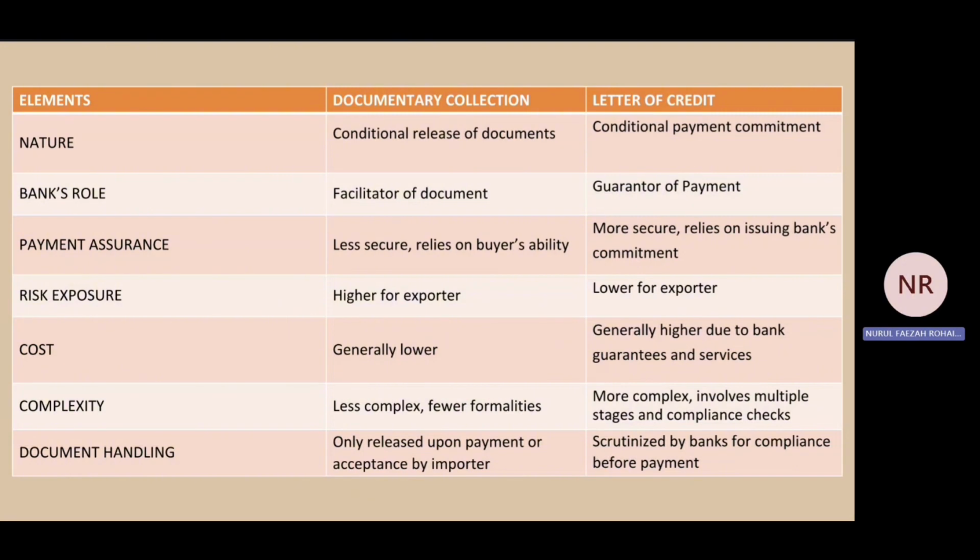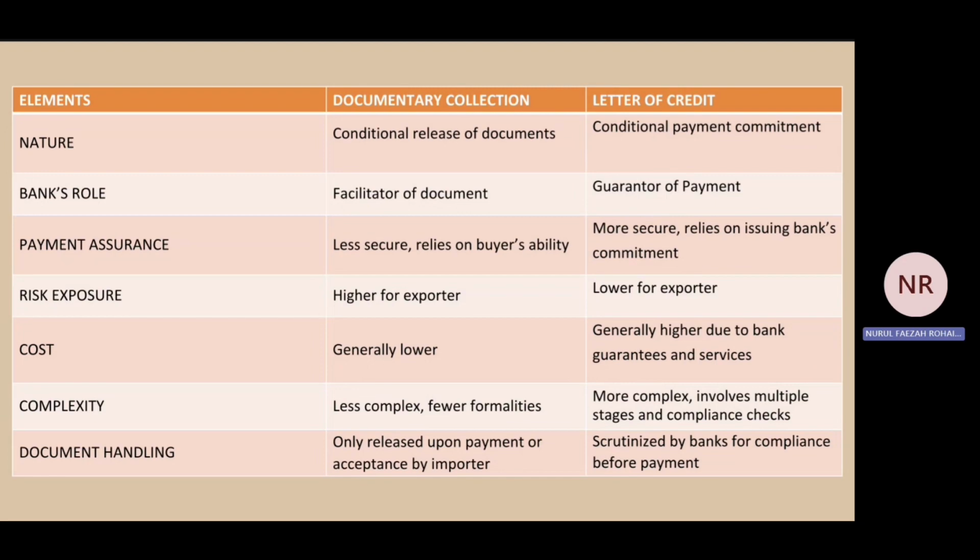For the bankrolls, DC is the facilitator of documents who gives the rule, and LC is a guarantee of payment. The third element, payment assurance: DC is less secure, relying on the buyer's ability, and LC is more secure, relying on the issuing bank's commitment.